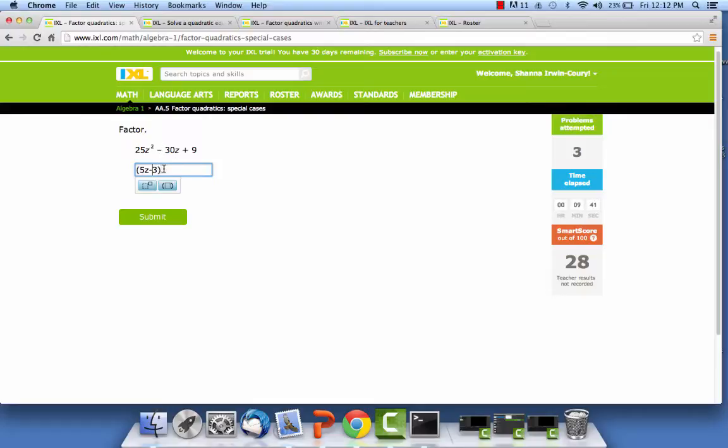So what we need to check is, if I square this, does this equal this? So what I need to know is minus 3 times 5z, which is outside here, plus minus 3 times 5z, because that's also inside, does this equal negative 30z?